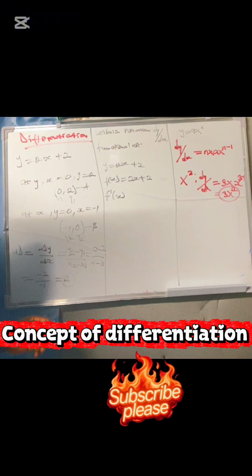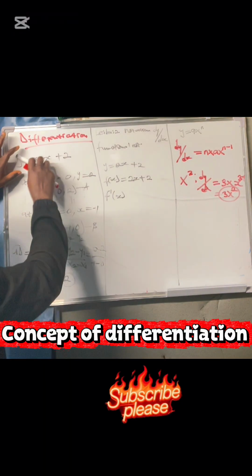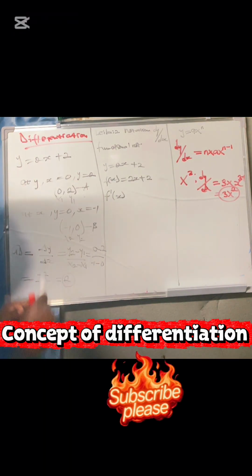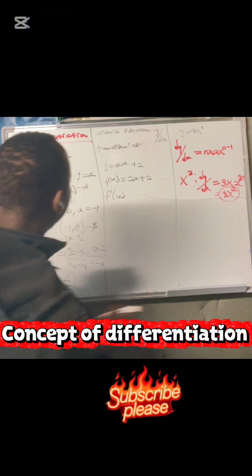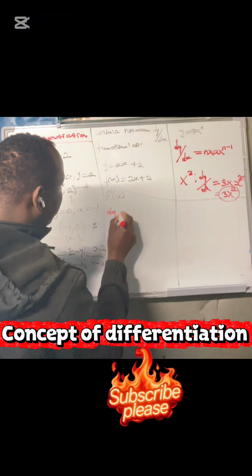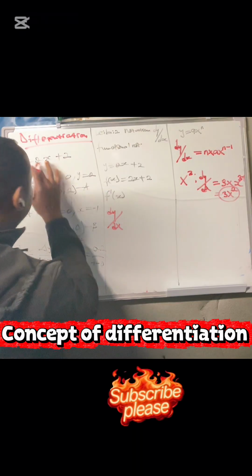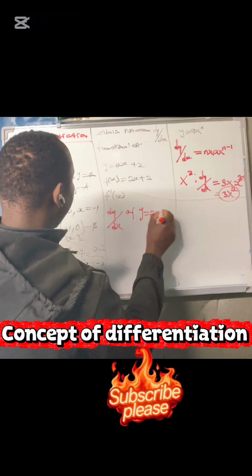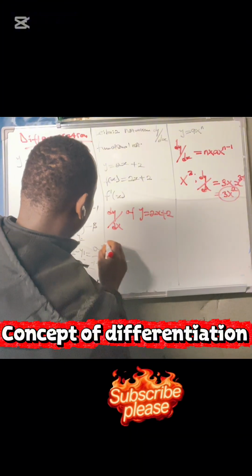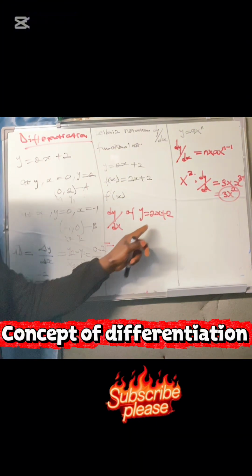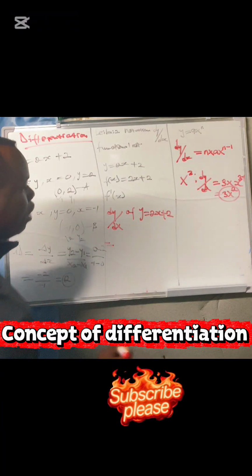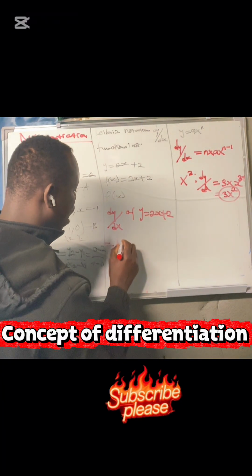Now let's come back to the fact that we want to find the derivative of this line y is equal to 2x plus 2. It means that my dy over dx of y equals 2x plus 2 will be equal to, first of all, the power of this x is what? 1. You drop the power, so 1 times 2.